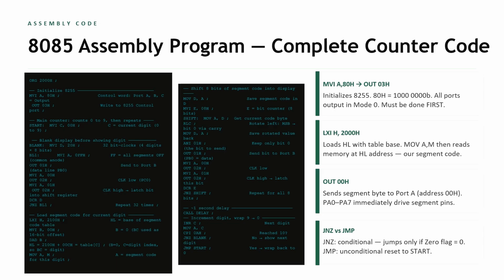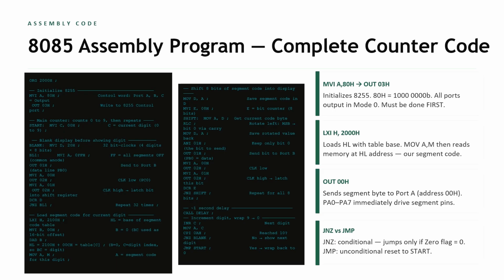MOV A, M loads the correct segment code from the segment table address into the accumulator, at address 201FH.